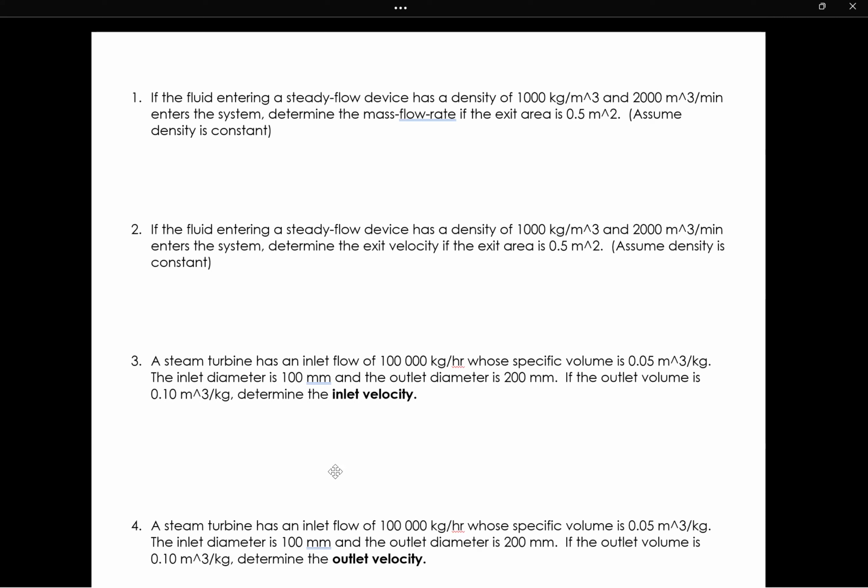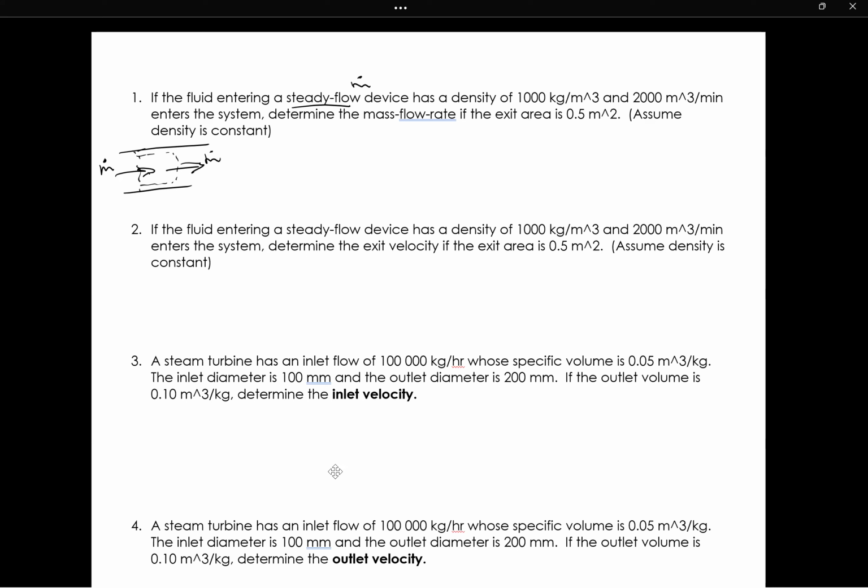So here we have a steady flow device. A steady flow device means it's something like a pipe, maybe. Our boundary looks like this. We have flow going in at m dot, and the same flow must come out at m dot in kilograms per second flow rate. So that's what steady flow means.